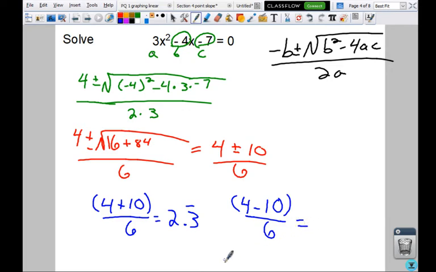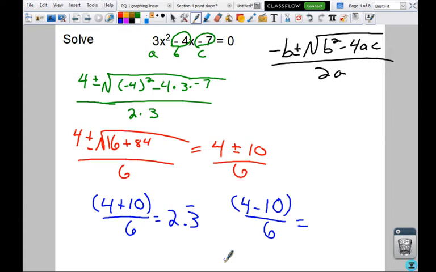It's negative, by the way. Plug it into Desmos: 4 minus 10 in parentheses, and then divide by 6. It's not 1.